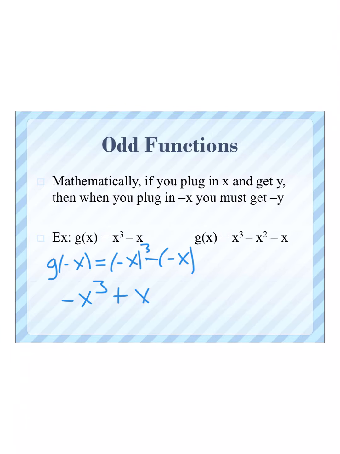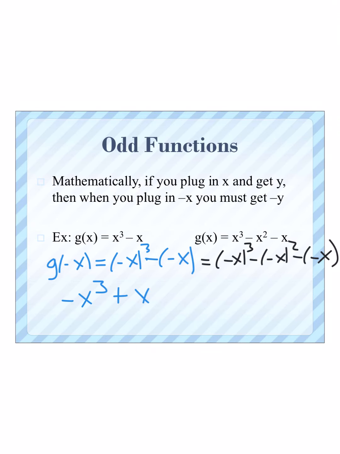All right, let's go ahead and plug in some negative x's here. So we get negative x cubed minus negative x squared minus a negative x. What we really would like to see for this to be odd is a negative x cubed, a positive x squared, and a positive x.